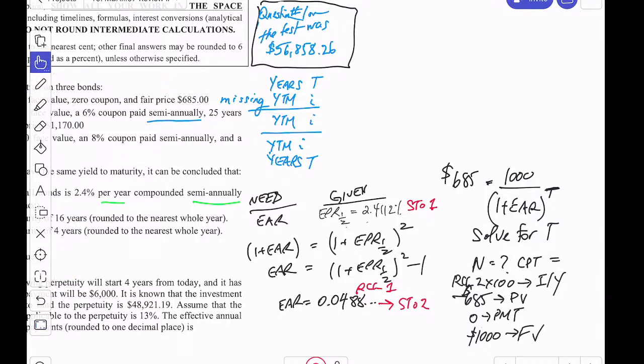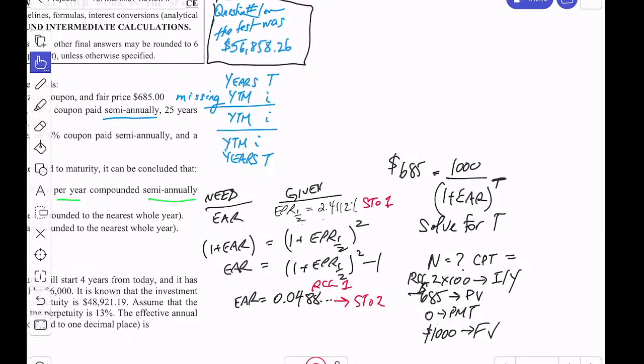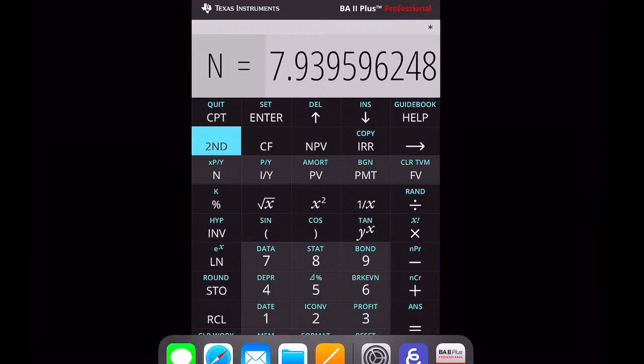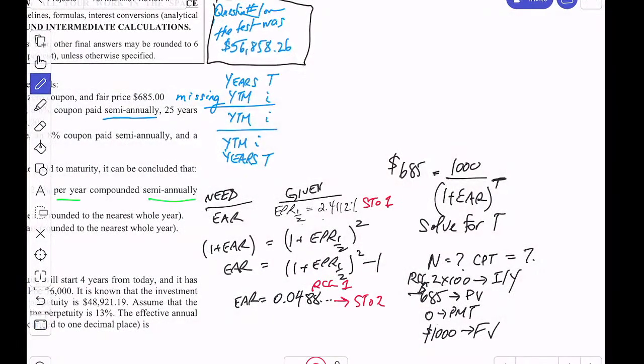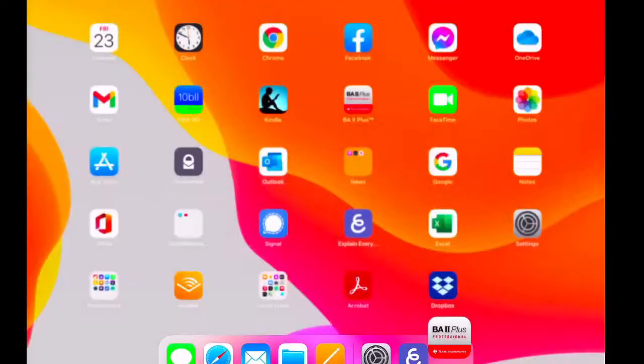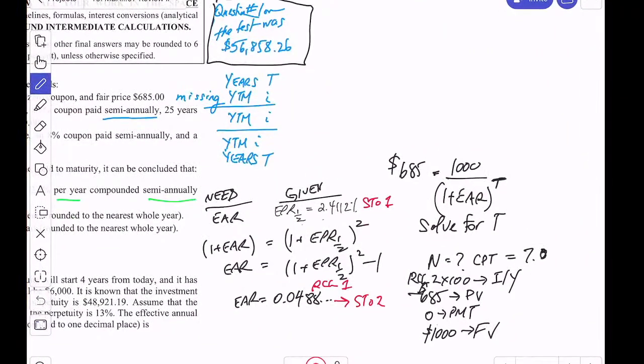So when you compute, you get 7.93959. And this is in years.